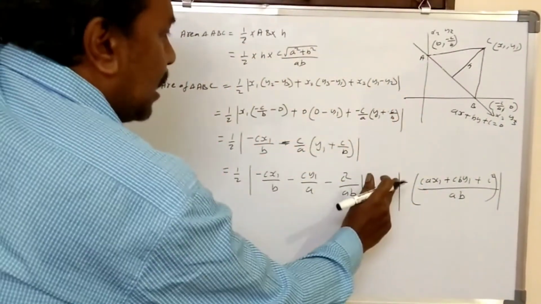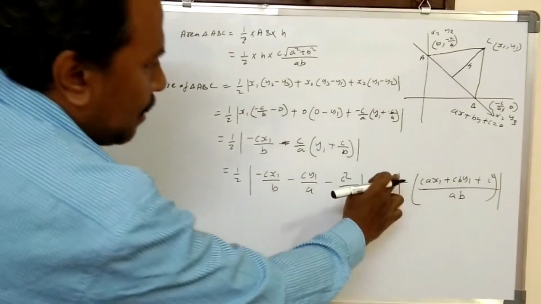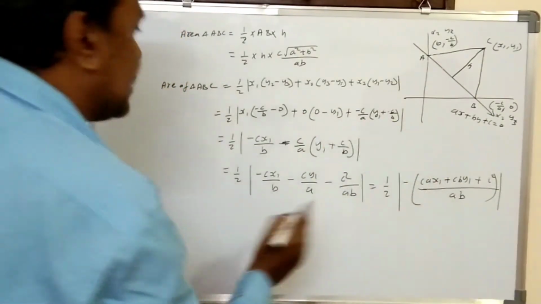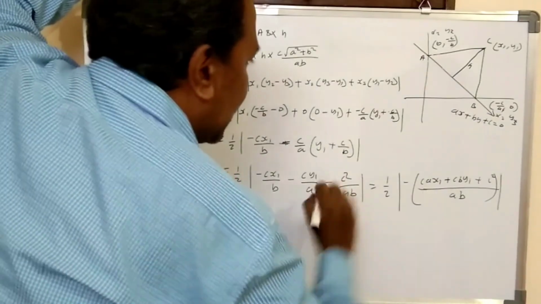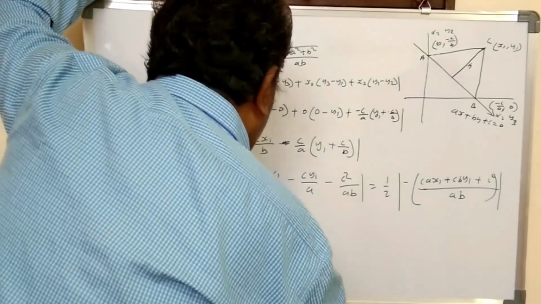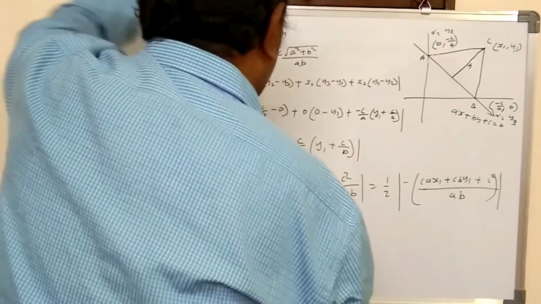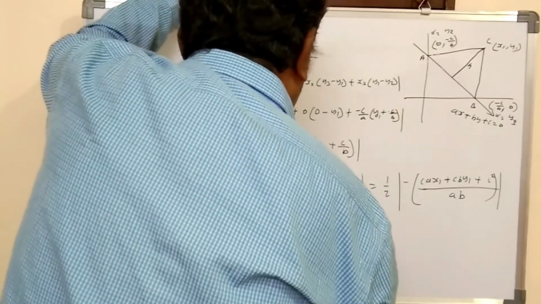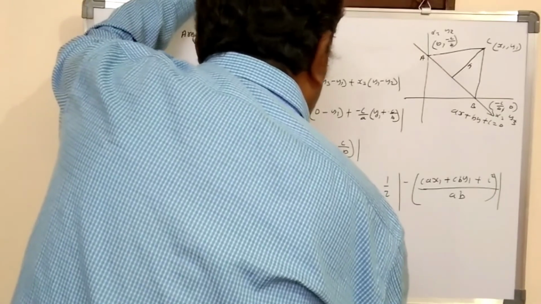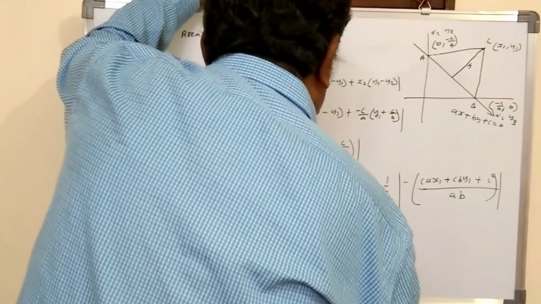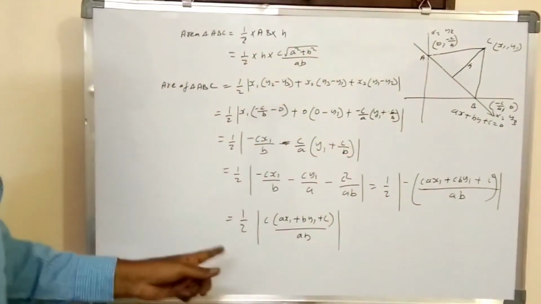That becomes modulus is there, minus will become plus. So finally, half mod, take c as common, c into (a x1 plus b y1 plus c) by ab. So this is the simplified form.